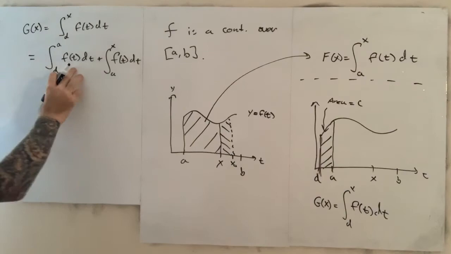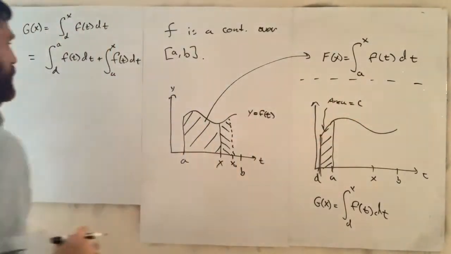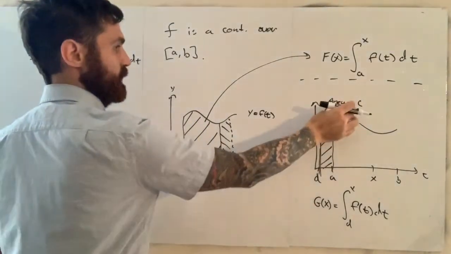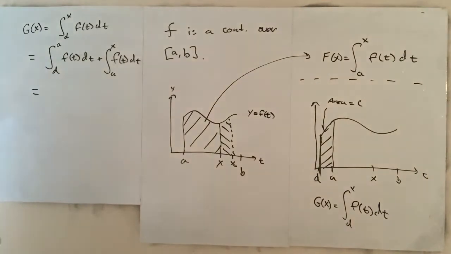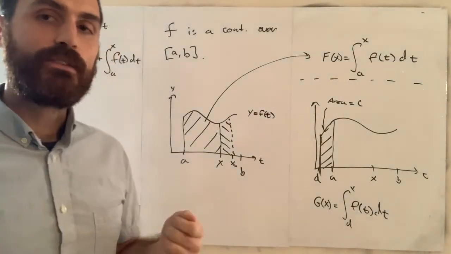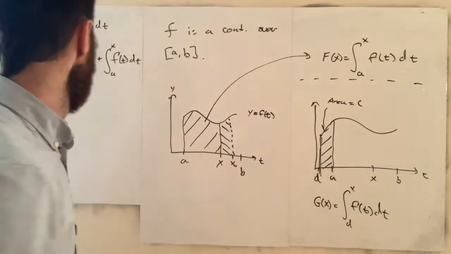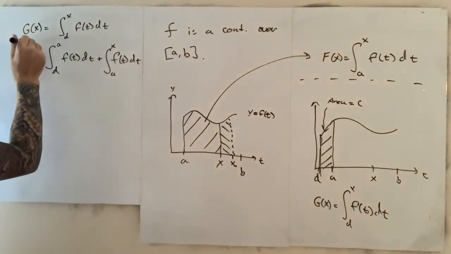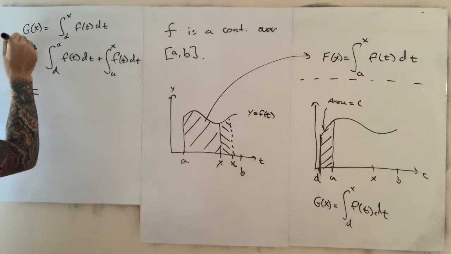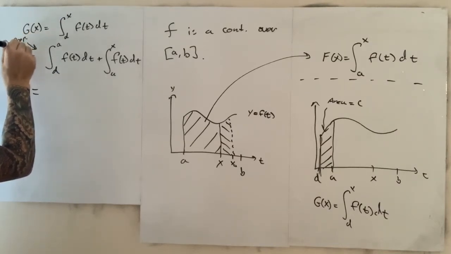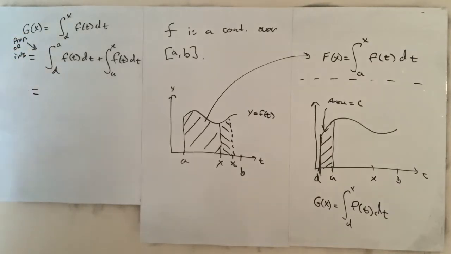And this first thing here is just going to be equal to the area of this strip, which is just c. So remember, you can break up integrals like that. And that's from the properties of integrals. And so maybe I should write that down. This is properties of ints.